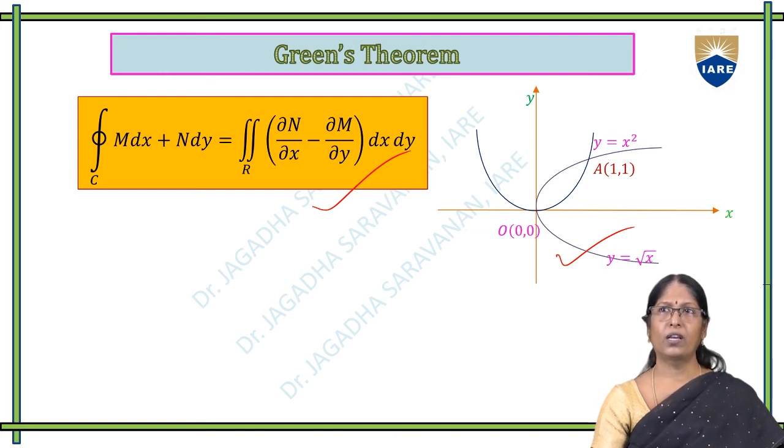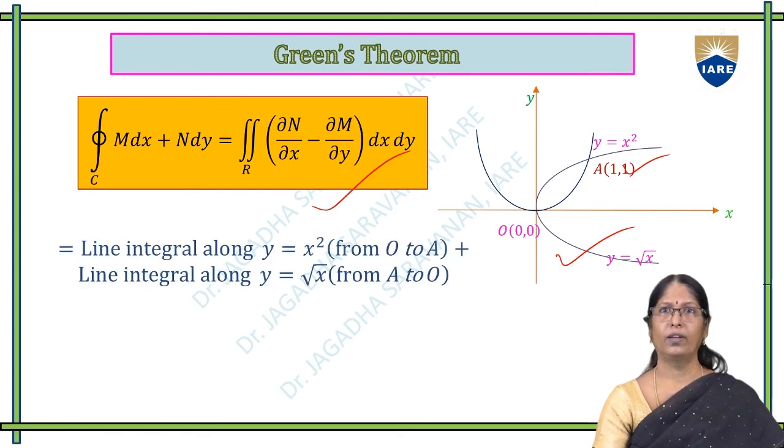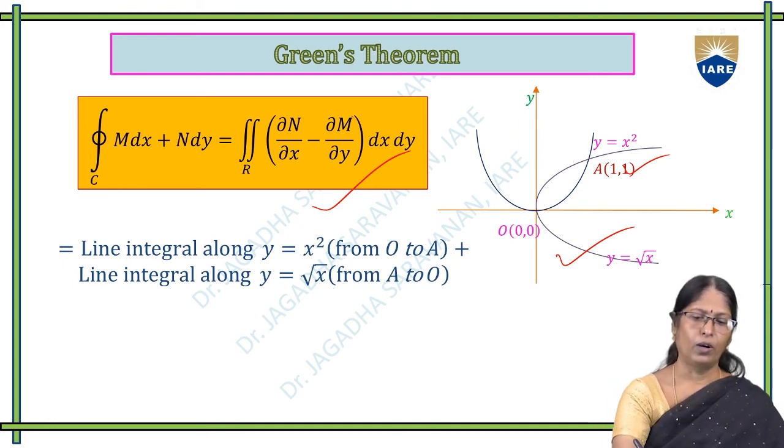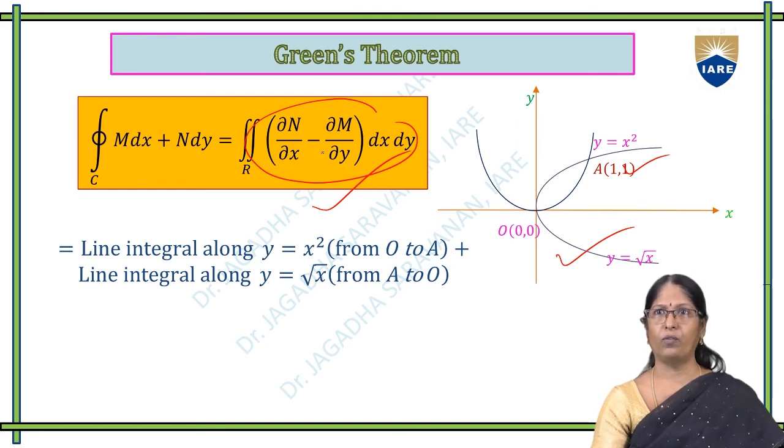Using these two curves, we obtained the intersecting point as 1, 1. And the right hand side we calculated, we obtained the value 3 by 2.